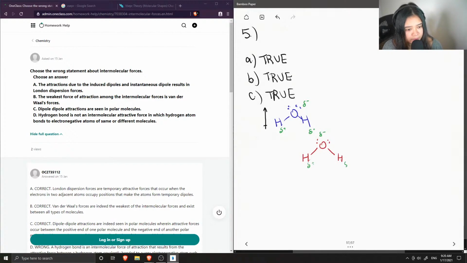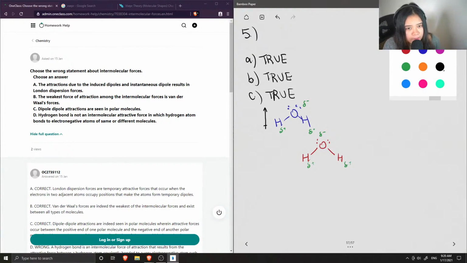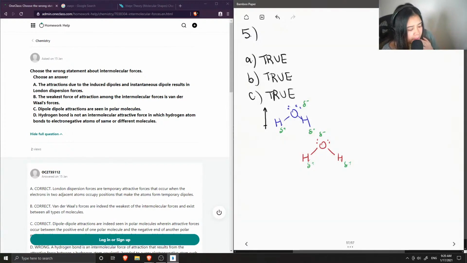And this can occur with all polar molecules, so that's why when we try to figure out if a substance can dissolve in another substance, we use the term "like dissolves like." So polar molecules can dissolve other polar molecules, and non-polar molecules can dissolve non-polar molecules.